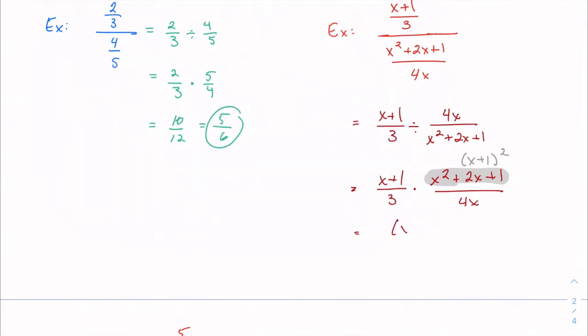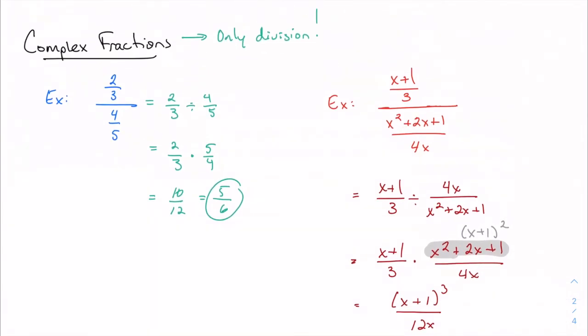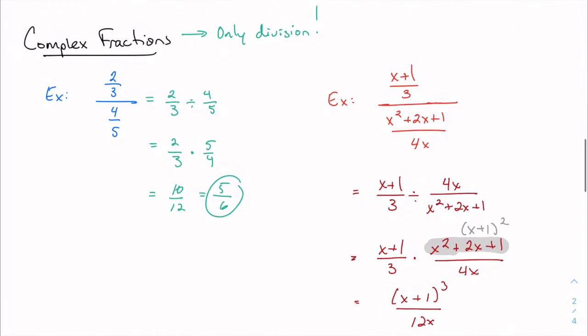So I have x plus 1 cubed over 12x. Right, so all this is a scarier looking way of writing division of fractions. You might be wondering, why would they ever do that? Sometimes it is useful when you're setting up a problem, but it's always more useful right after you do that to then rewrite it as division, flip, and multiply and all that.